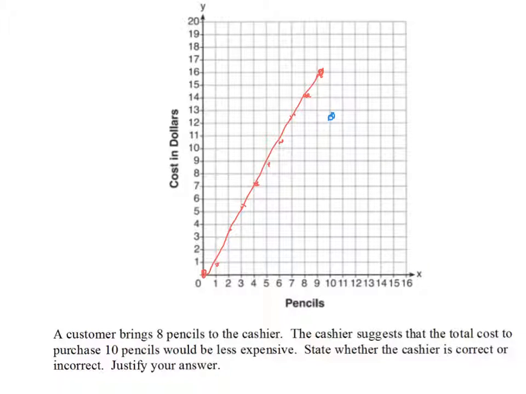So as you can see, that's going to be less than buying 8 or 9 pencils with the other function. 11, 13.75. 12 is 15. 13 is at 16.25, which is 16 and a quarter, and so forth.